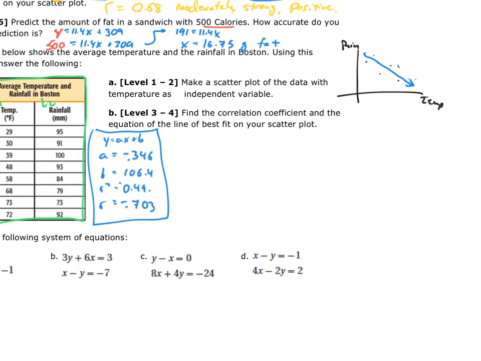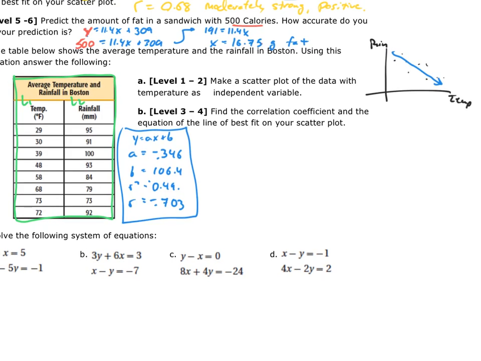So find the correlation coefficient and the line of best fit. Well, the line of best fit is y equals negative 0.346x plus 106.4, right? It comes from these two. We just put those in A and B because it's A and B. So that's the line of best fit.